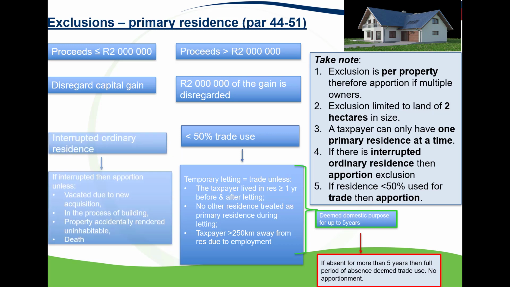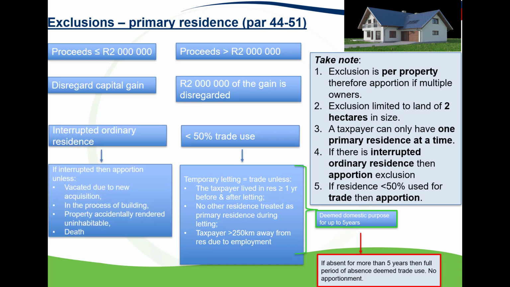Right. If there are any interruptions in being ordinarily resident or in living in the property, which is what we mentioned earlier, then the exclusion should be apportioned and will only apply to periods of uninterrupted residence, unless the property was either vacated due to a new acquisition, or there was a process of building, or the property was accidentally rendered uninhabitable, or the taxpayer has died.